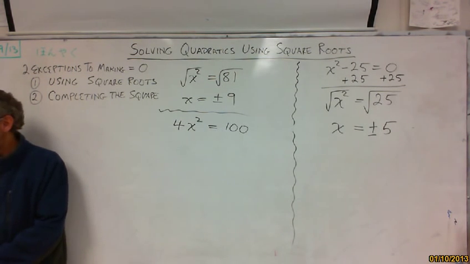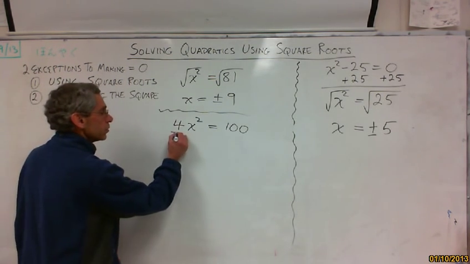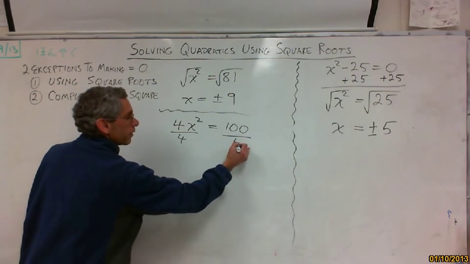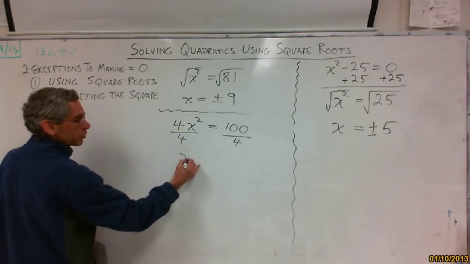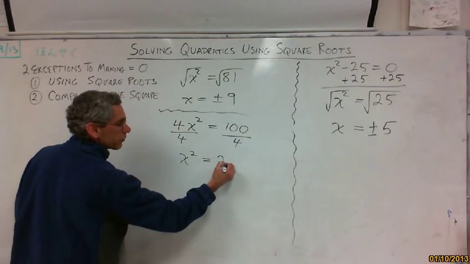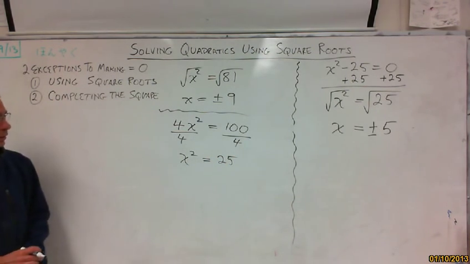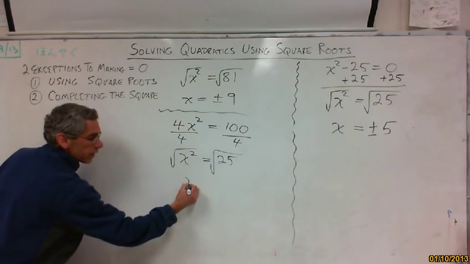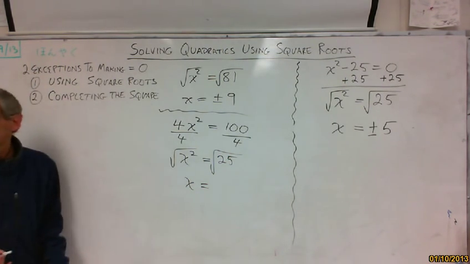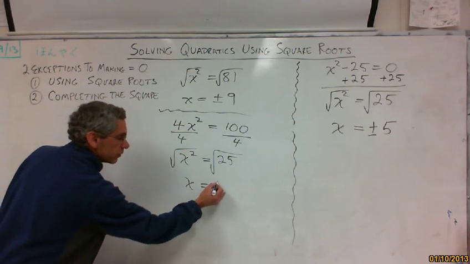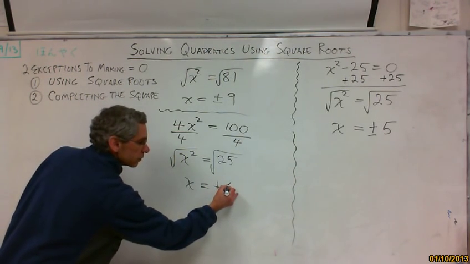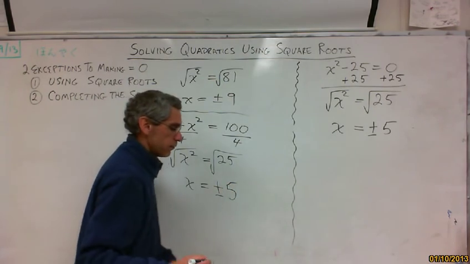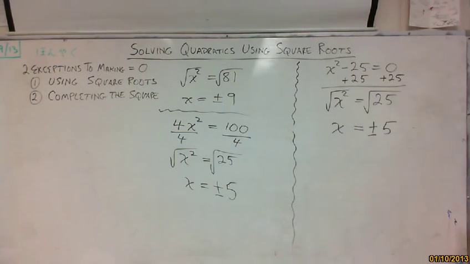Divide by 4, right. So divide by 4, divide by 4, suddenly I have x squared is equal to 25. So now I'm going to take my square root, and I've got x is equal to plus or minus 5.